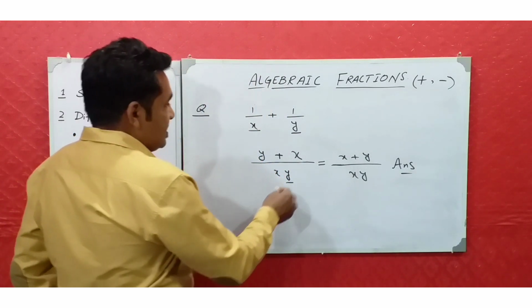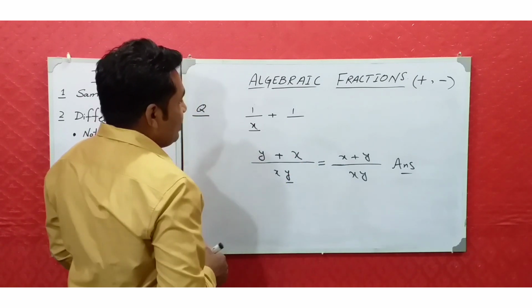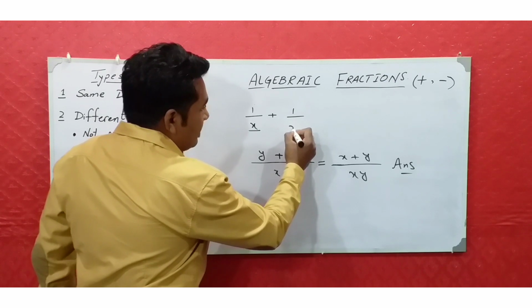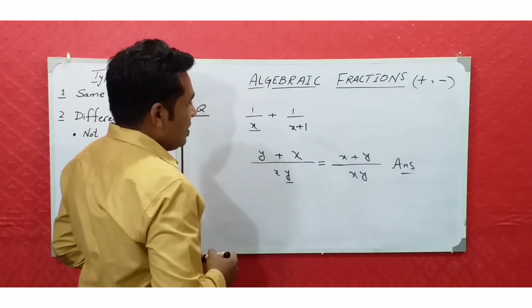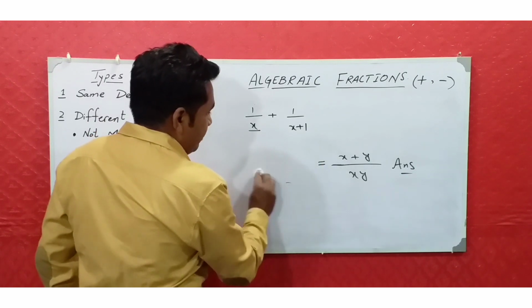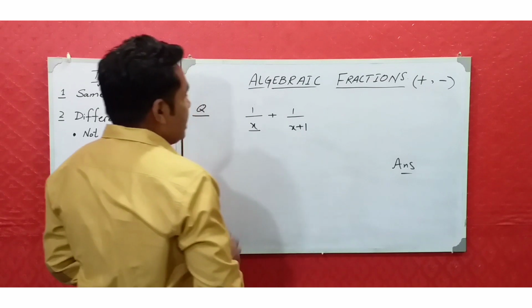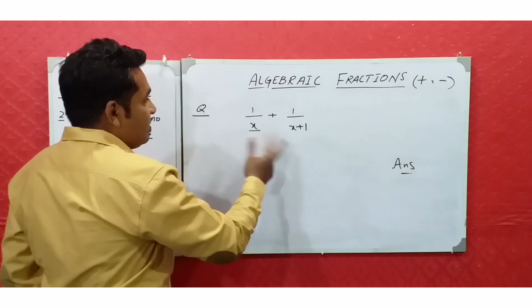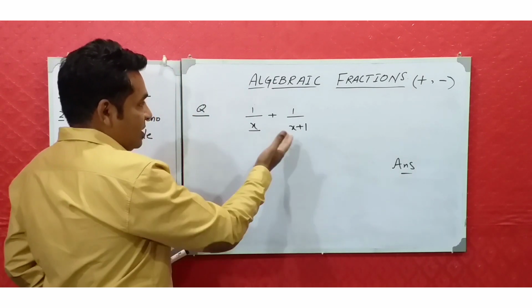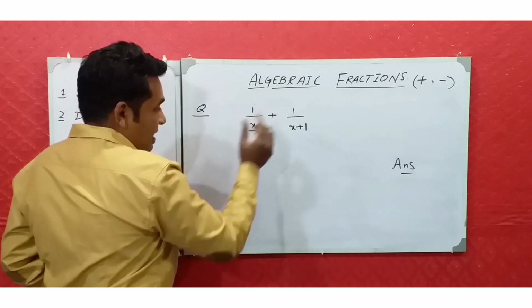Now let's change the fraction. For example, 1 over x and 1 over x plus 1. Again, these are both entirely different. Neither denominator is a multiple of the other. Like x plus 1 is not a multiple of x, and x is not a multiple of x plus 1.